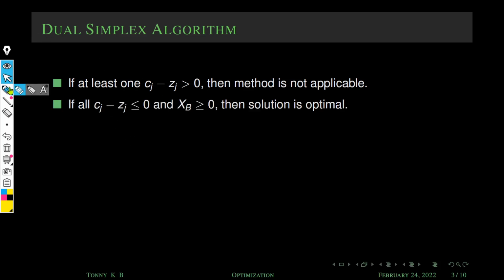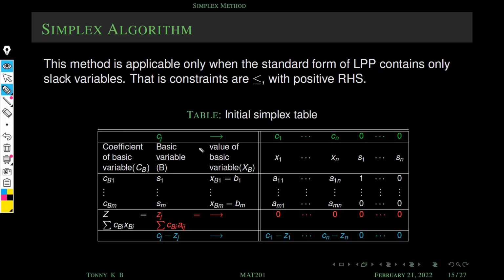Clear? The next step: if all Cj minus Zj are less than or equal to 0 and xb is greater than or equal to 0, then the present solution is optimal. What is xb? The present value of the basic solution. In this table it is clear that this column represents xb.